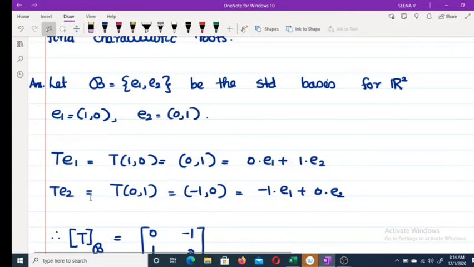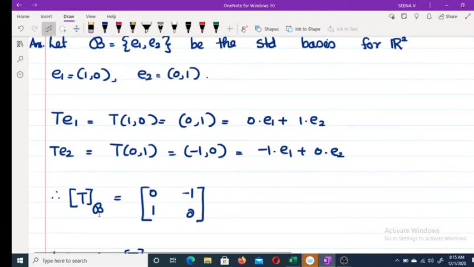Now, TE2 equal to T of (0, 1), which is equal to (minus 1, 0). That's equal to minus 1 into E1 plus 0 into E2. So the matrix of T corresponding to this basis has columns (0, 1) and (minus 1, 0).